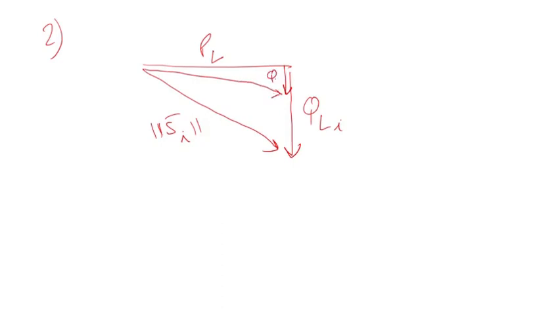So this is the desired reactive power. Here's the initial power factor angle, here's the desired power factor angle, and this is the desired complex power. And obviously, this is the value that needs to be supplied by the device to correct the power factor.